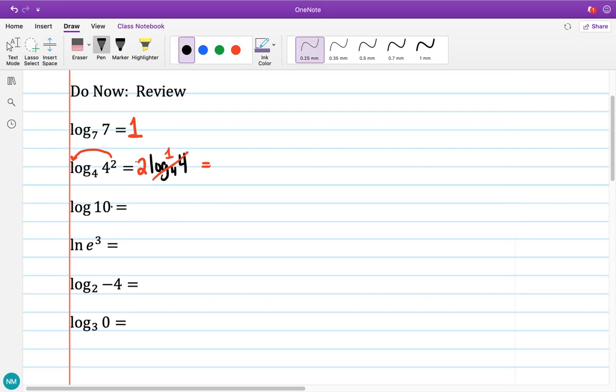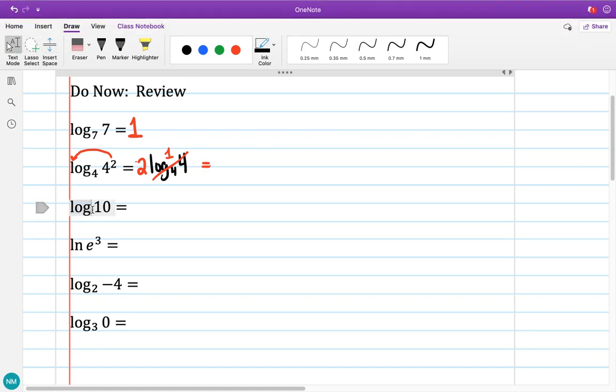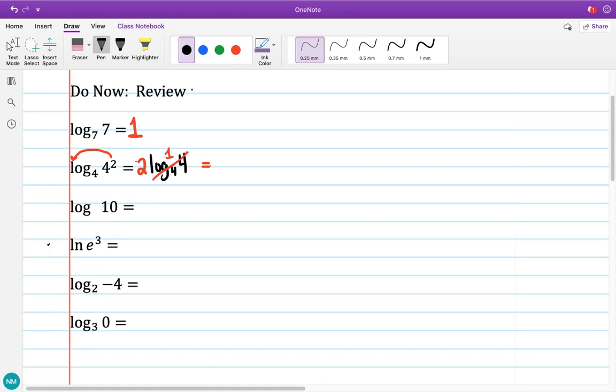Okay, log of 10. Now, what is the unidentified base here? Well, the unidentified base here is technically a 10. So log base 10 of 10 is, as we've been saying, 1.